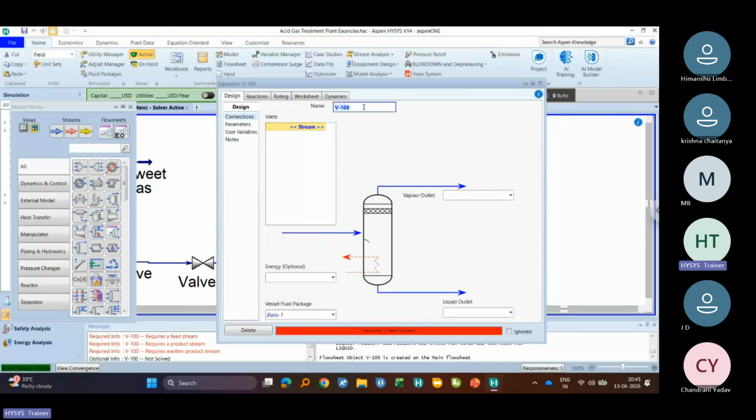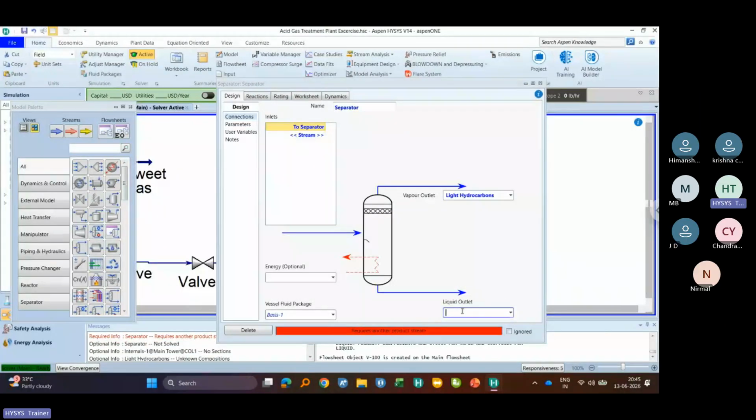Just rename this as separator. The inlet will be to separator. Vapor outlet stream will be light hydrocarbons. And liquid outlet stream will be to heater, that is for the next equipment.